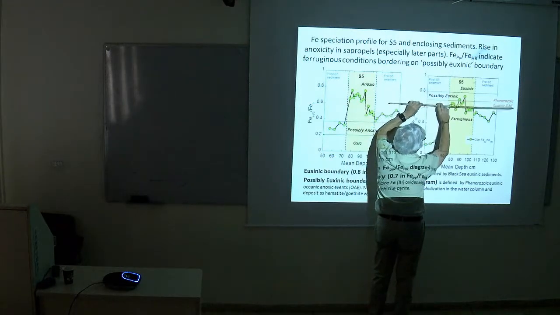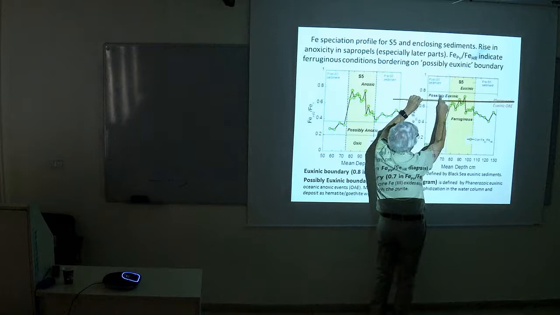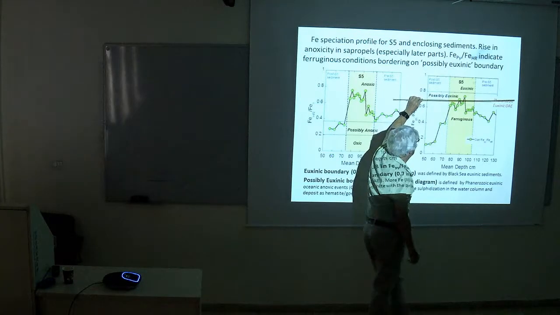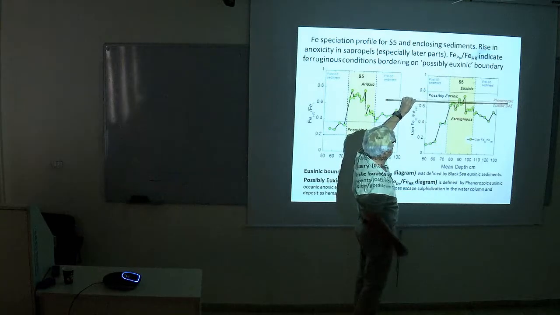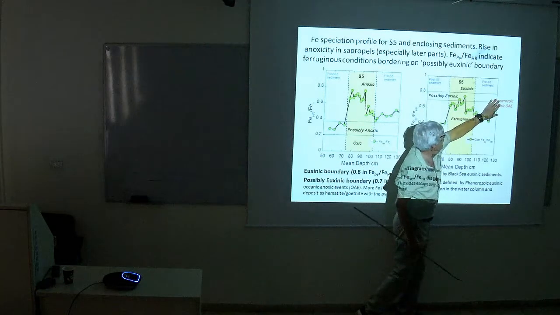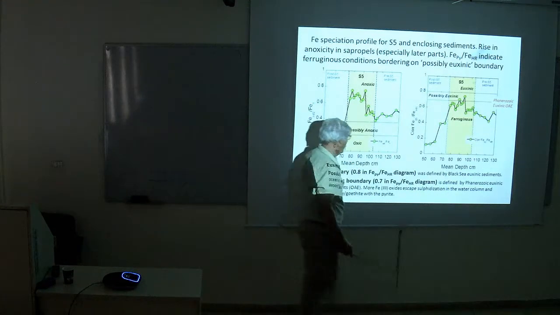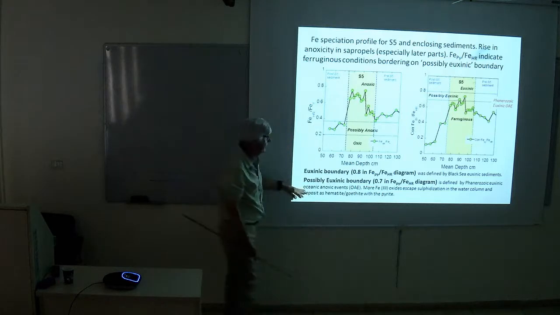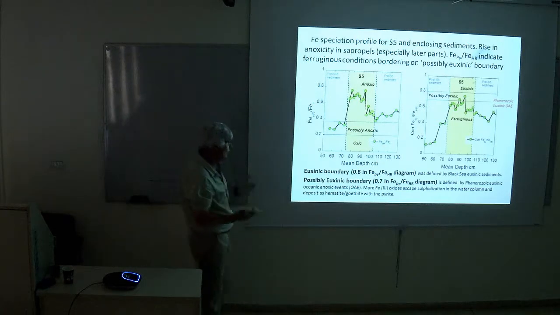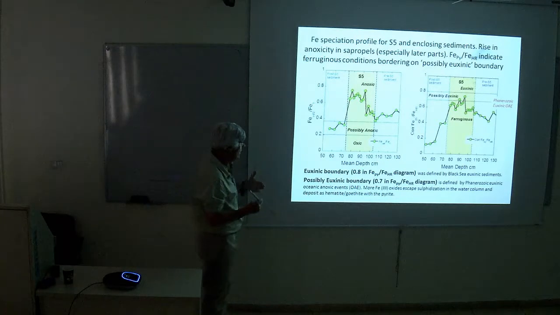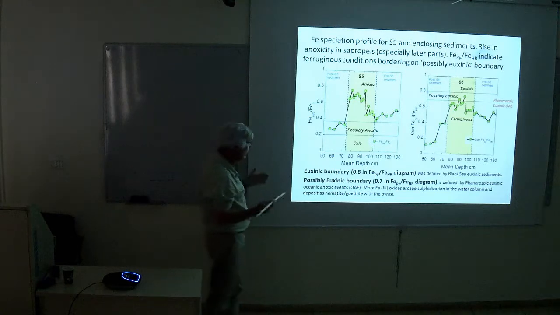So it means that above this boundary, you can be possibly euxinic. Now, this possibly euxinic boundary was in fact derived from what are called oceanic anoxic events that occur throughout the record, periods in the Earth's Phanerozoic history when the oceans became totally anoxic and they became euxinic.